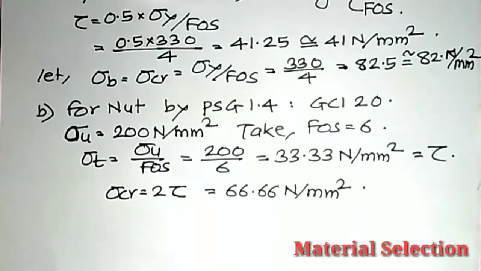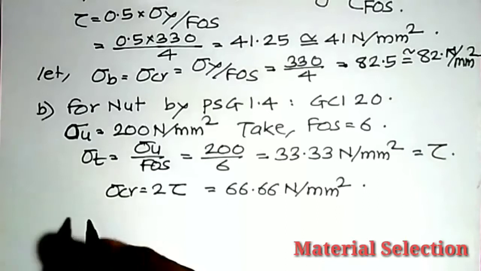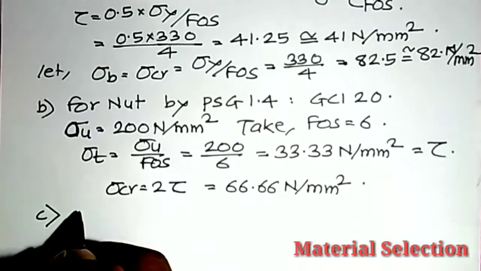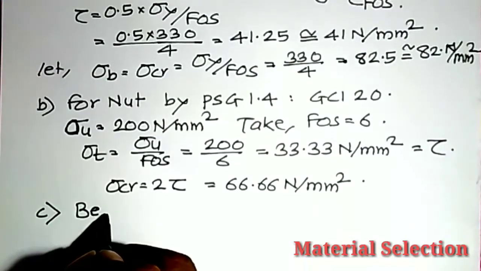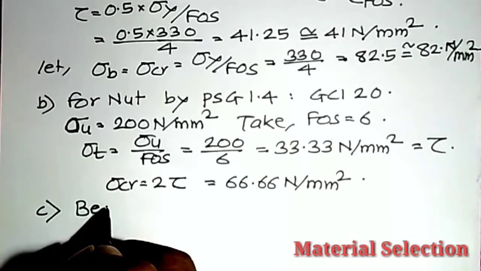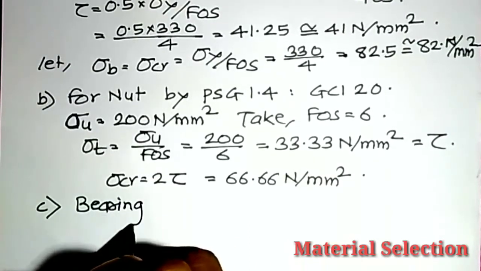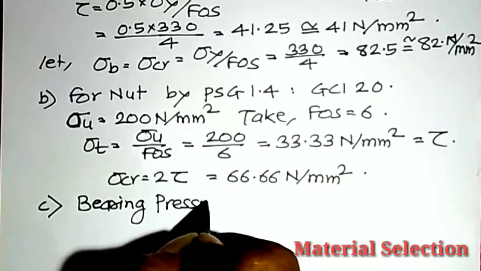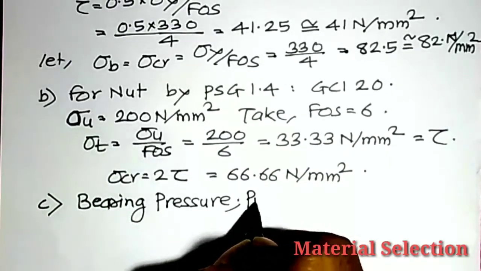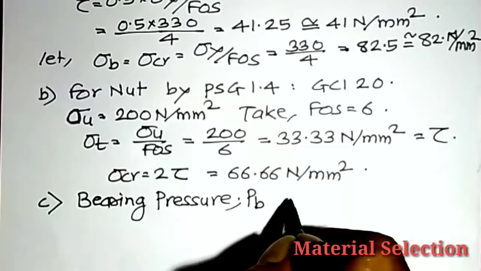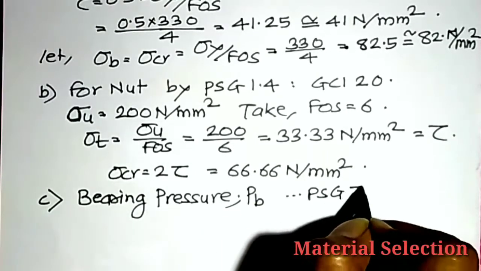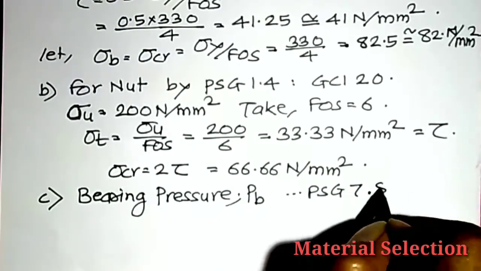Now here bearing pressure, because nut and screw both are in contact with each other, so for the combination we will have to find out what is the bearing pressure, because nut will be carrying the load of a screw spindle, that is screw. For the combination of steel screw and cast iron nut we will be referring to PSG design data book, page number 7.87.